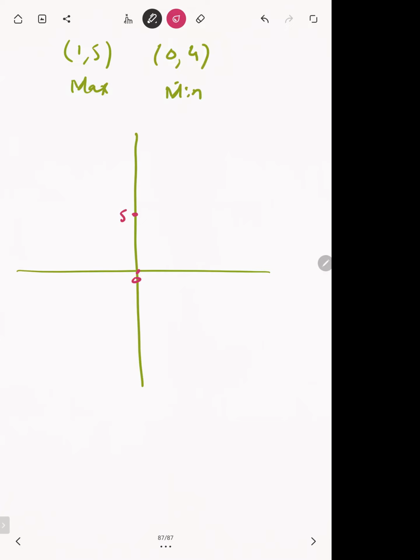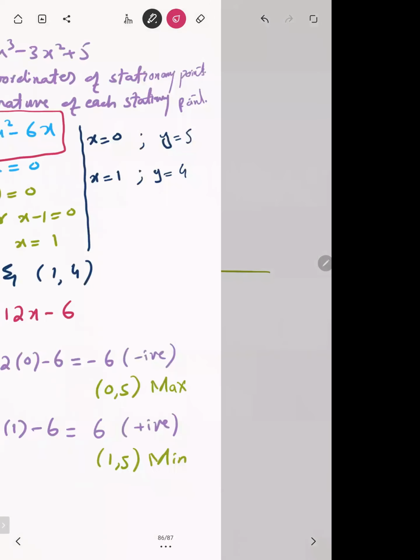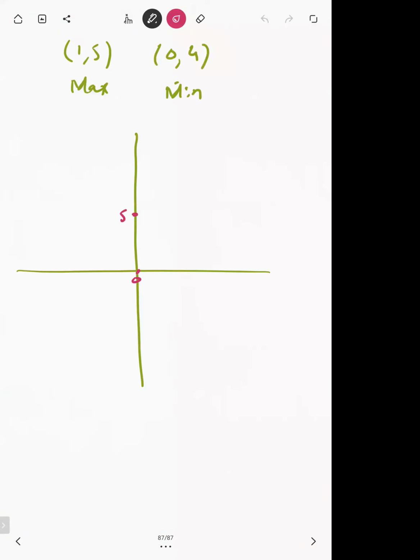Sorry, something wrong, I have written wrong here. It is (0, 5) and (1, 4). So the curve will be like that.